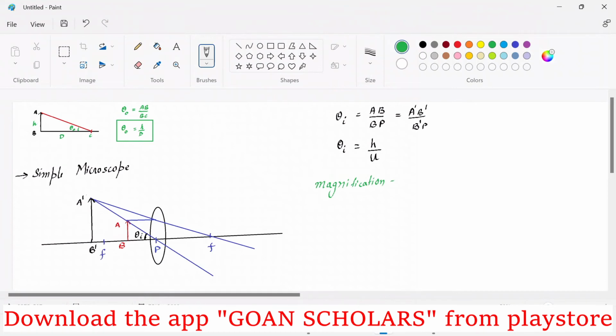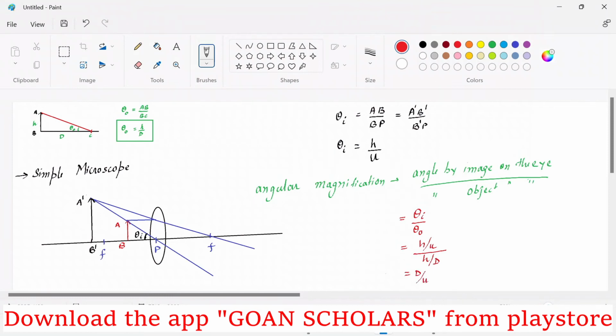Here it is angular magnification, that is the angle made by the image on the eye upon the angle made by the object on the eye. The angle made by the image on the eye is theta I, and the angle made by the object is theta O. That will be equal to H by U whole divided by H by D. So this is D by U.